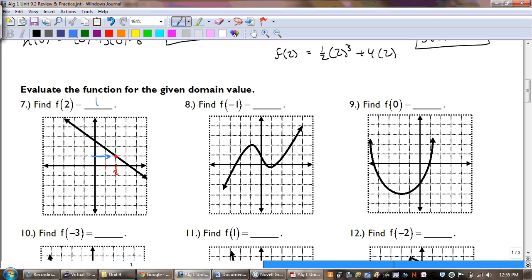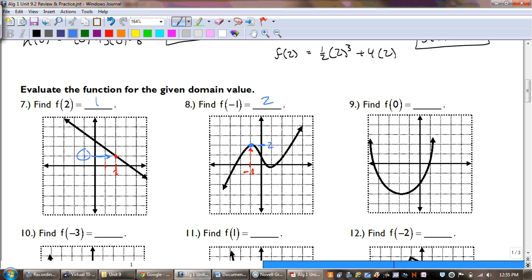Because it is lined up with 1. F of negative 1. So now I'm going to go to negative 1 on my graph. I need to go up to where it meets the line, and that is at 2.